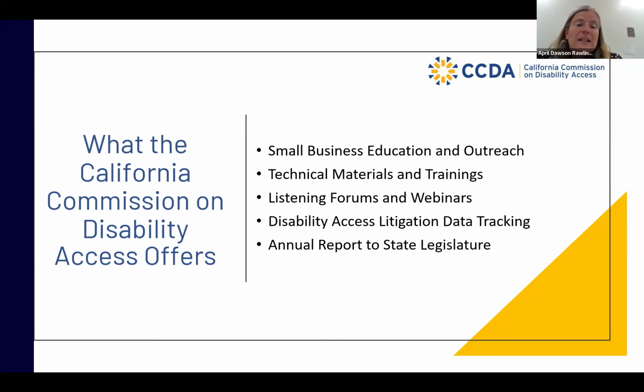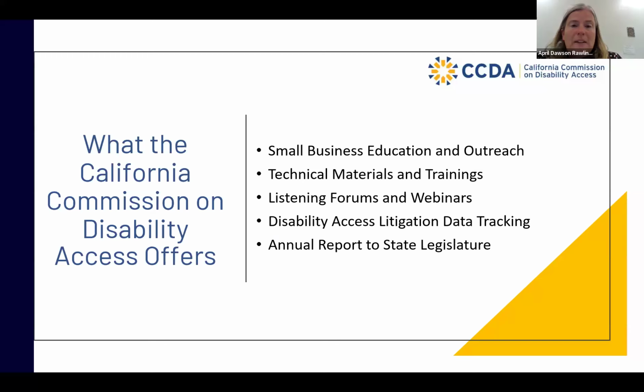We then aggregate the data in our legal portal, and we use that to create an annual report to the legislature where we educate the legislature about trends in disability access litigation. Based on our data, we come up with the top 10 alleged disability access violations. And we use that to determine what trainings and topics for our trainings, as well as what regions in California we should be reaching out to assist those businesses with complying with disability rights laws and getting more customers.